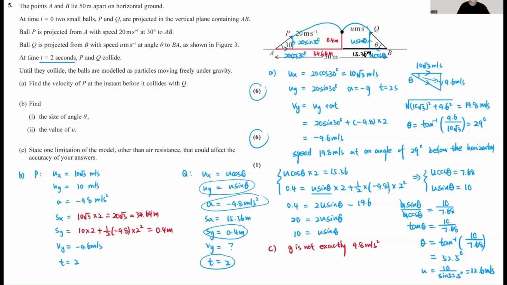Now you can say, because it's a model as particles, P and Q, the balls have dimensions. Or you can say the spin of the ball. Yeah, both work. So you can say any of these. It's only one mark. You just need to say one of them.